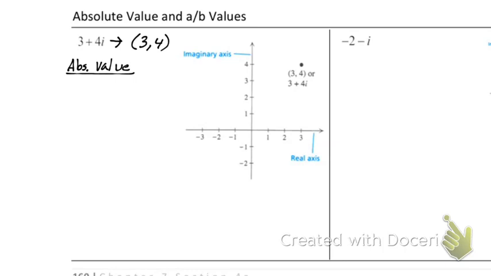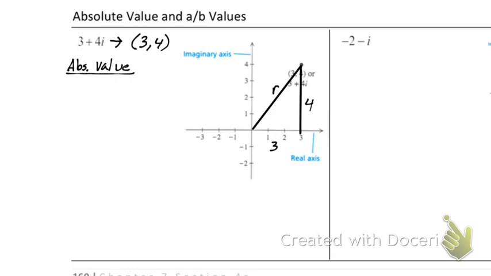But just like vectors, we create a right triangle, where the base of that triangle is 3, and the height is 4. With vectors, or with imaginary numbers, we're going to call our absolute value r, or that length r.